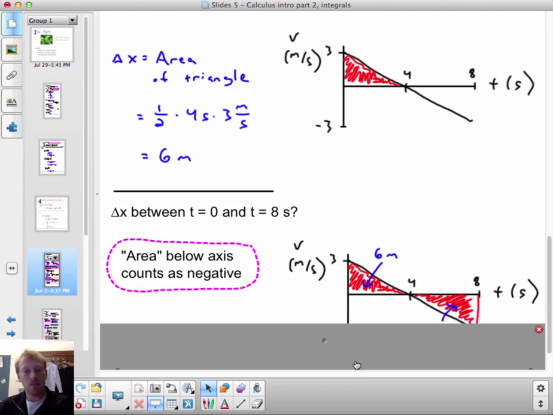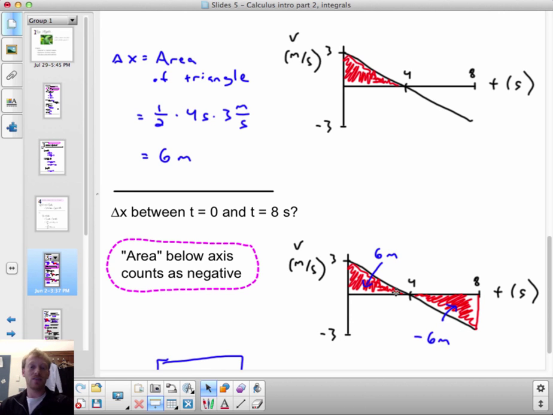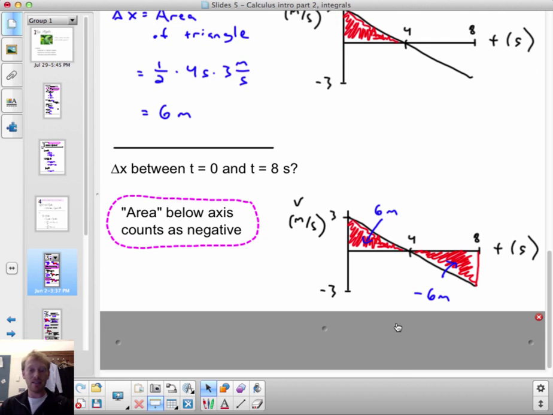Recall that area that is below the horizontal axis counts as a negative area. So if I use the same function, this thing that has a changing velocity, it looks like it has a forward, slowing down velocity between t equals 0 and t equals 4 seconds, and a backward, negative direction, speeding up velocity between 4 and 8 seconds.